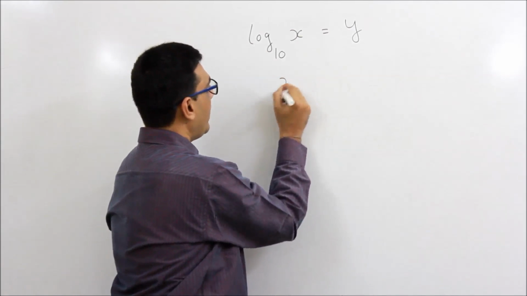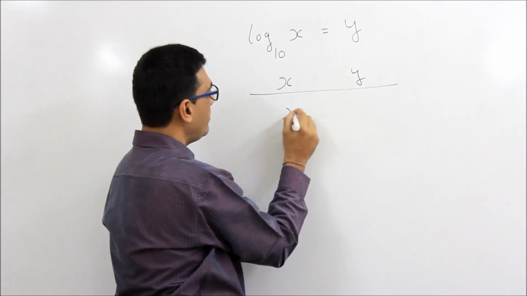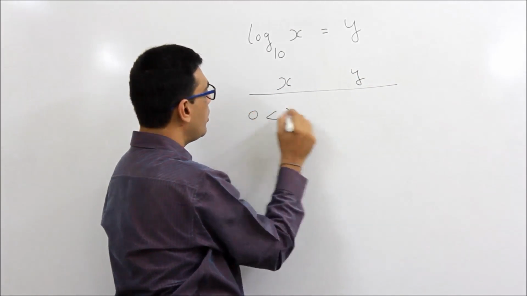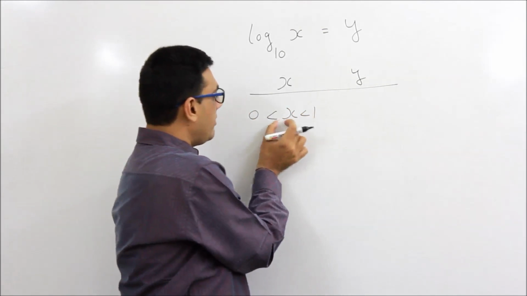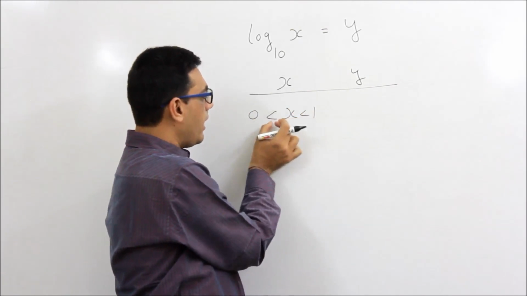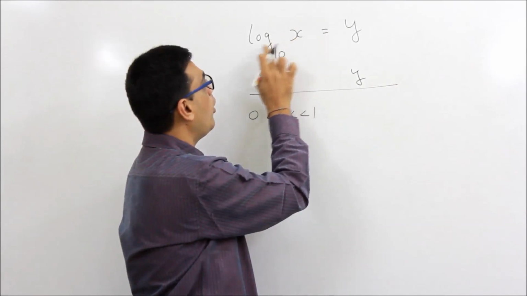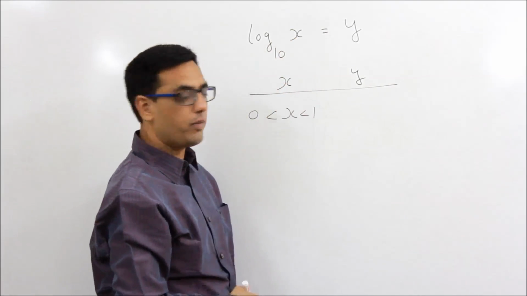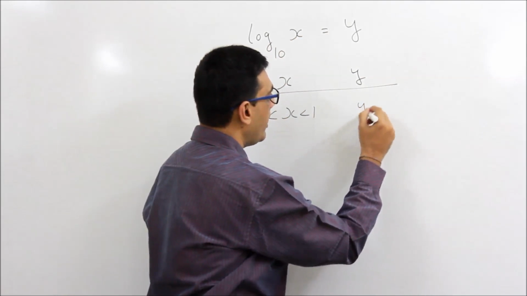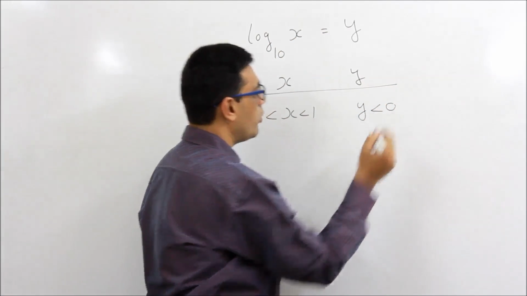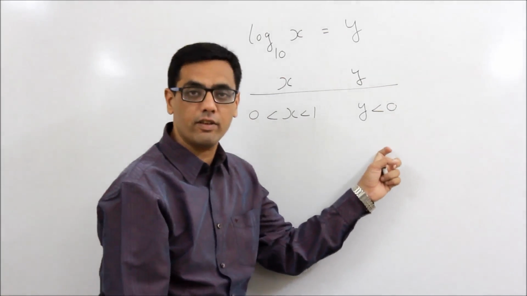So let's write this. X can take values from 0 to 1. The moment x is greater than 0 and less than 1, x cannot be equal to 0 or negative, because log of 0 and log of negative numbers is not defined. So the moment x is greater than 0 and less than 1, the corresponding range of y is less than 0, the answer will come as negative.